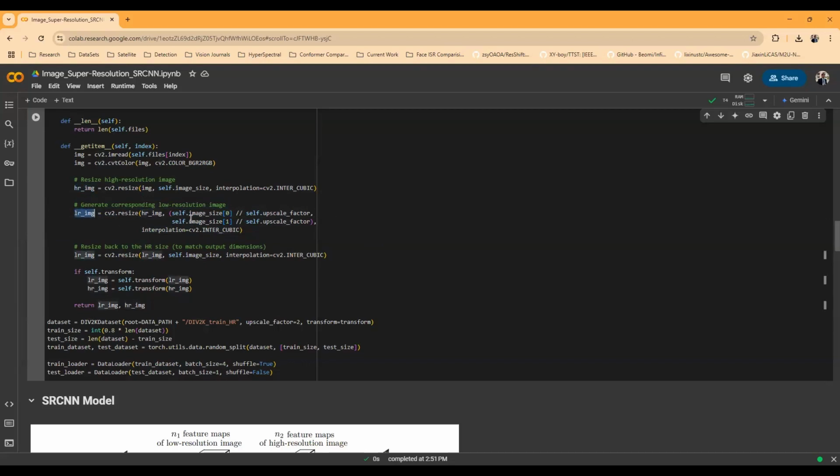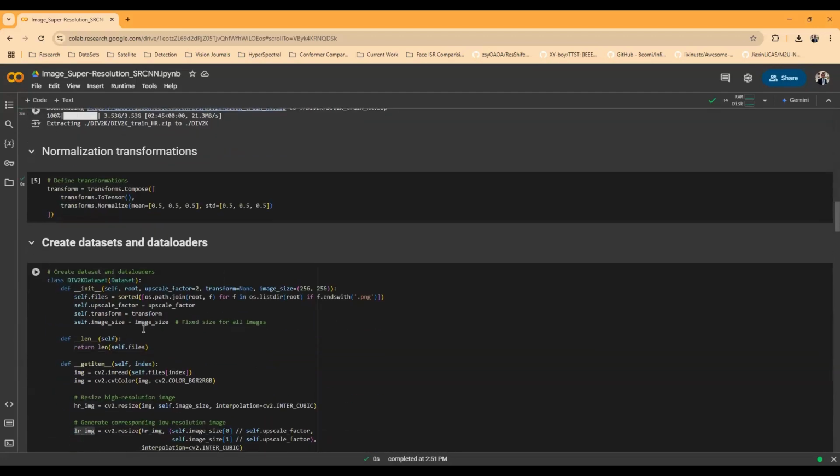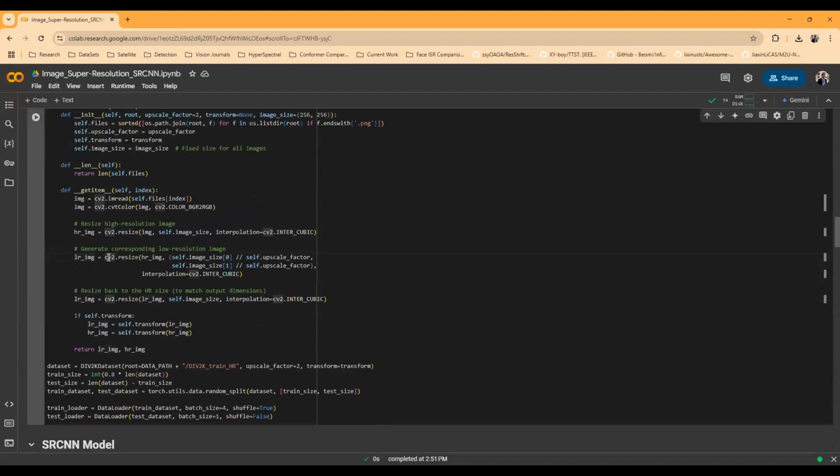Okay, since we have downloaded only the train HR part, we have not downloaded its corresponding LR part. So we are creating the LR image of the corresponding high resolution image here just by this line. And how are we doing this? We are dividing its size by the scale factor.